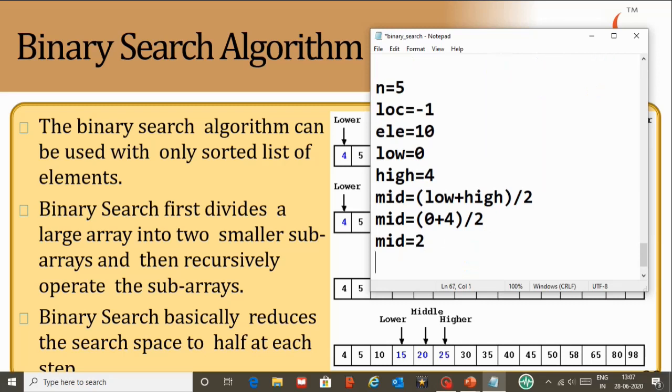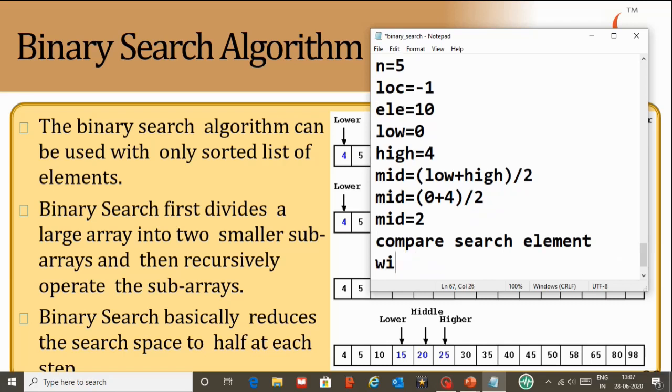Compare the search element with A of mid. You're not directly comparing it with mid. If I say mid, then it is 2. A of mid is different than mid. Please, you have to pay attention here.